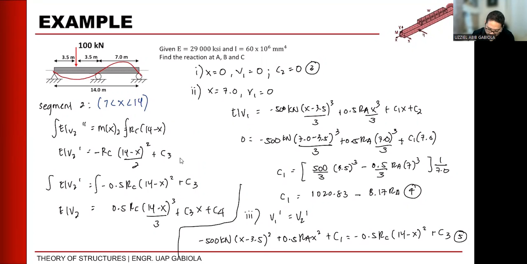Where do you think yung pwedeng equation natin doon? So, yung sa second support, meron na tayo nung para sa slope. Kasi yung slope ng first support and last support will not be zero kasi pwede siyang mag-rotate, no?